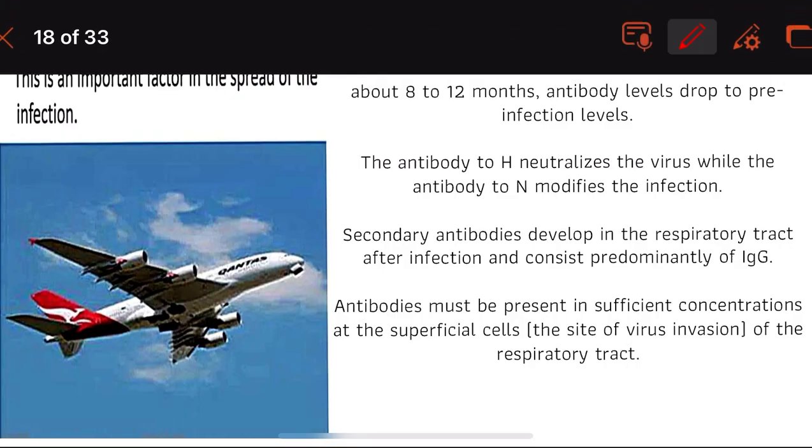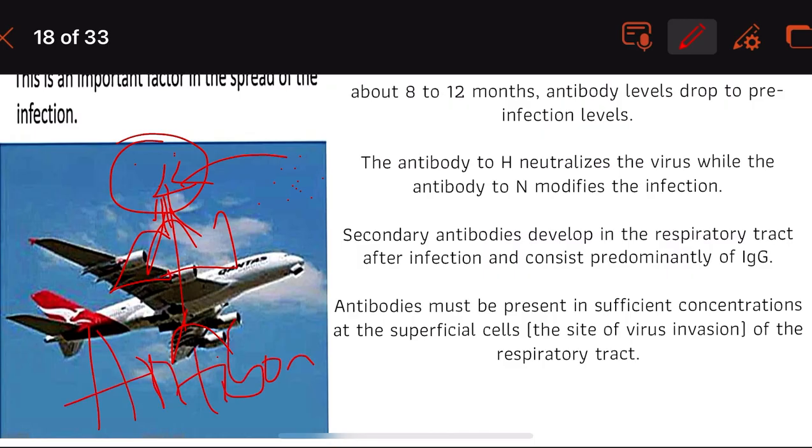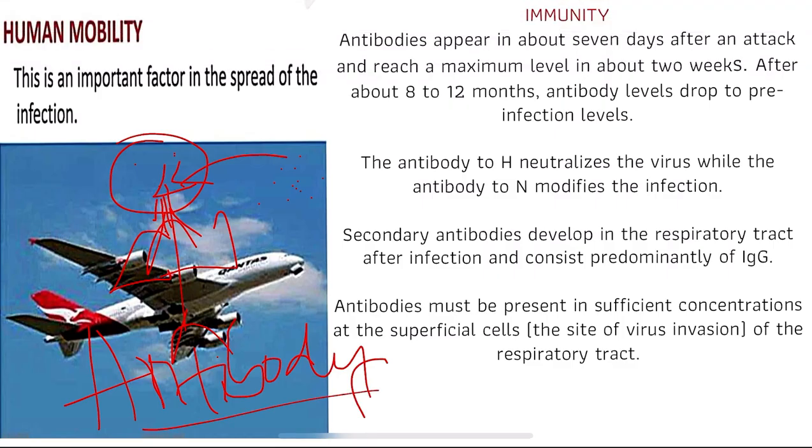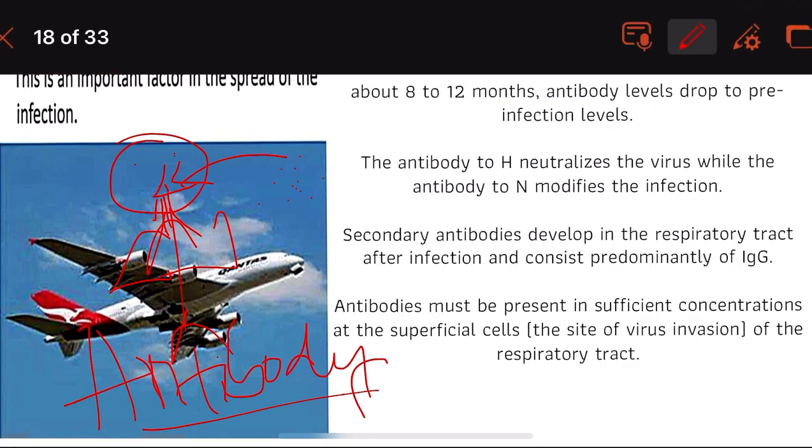Can you see here what is happening? Once a person is infected with influenza, the nose, the bronchi and rarely the lungs are involved, right? So if the person is infected with influenza virus, the antigen will enter the body and antibodies will fight against this antigen. These antibodies will start appearing in the body within 7 days, it will take up to 1 week.